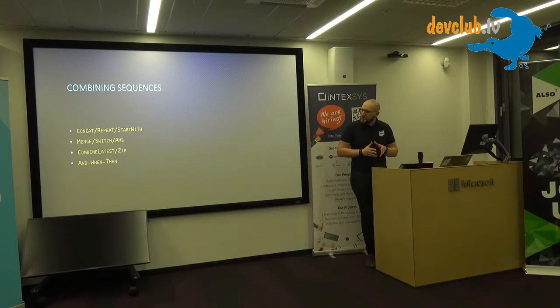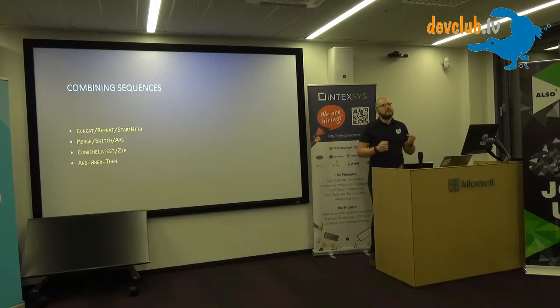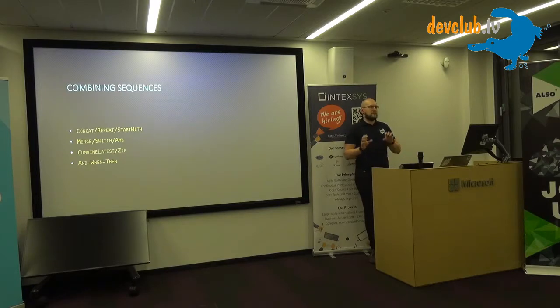Combine latest is somewhat similar but different, because zip expects both sequences to yield one item to form the next pair. Combine latest actually needs only one of the sequences to yield an item, and then combines the latest items from both sequences and passes it through.